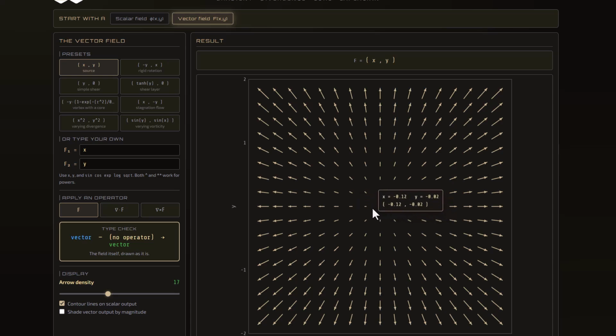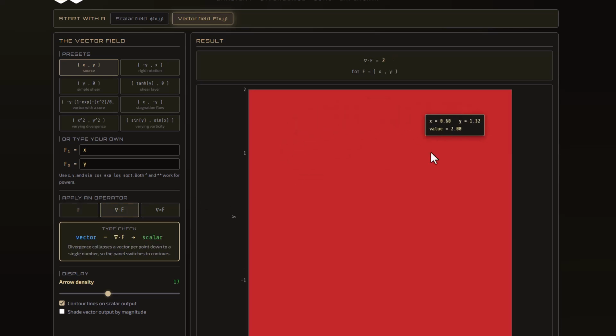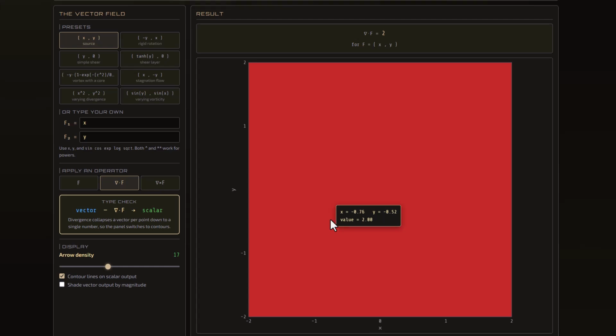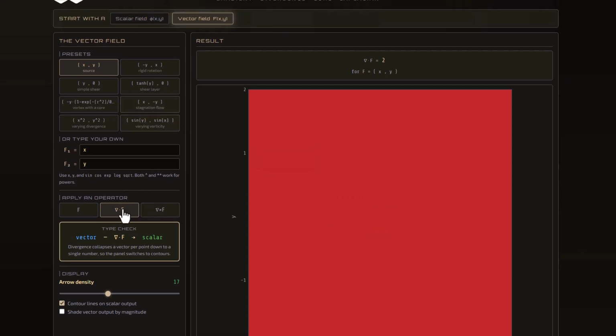And that source is growing. I have a little bit of flow coming in here and it's pushing these vectors out, but that same source is present throughout the entire flow field, and that's why the vectors keep getting larger and larger. It's like the flow is accumulating. And when we check our divergence, yes, it's uniform everywhere. So the divergence is a measure of the net inflow or outflow.